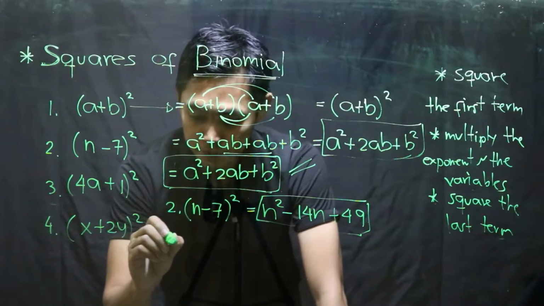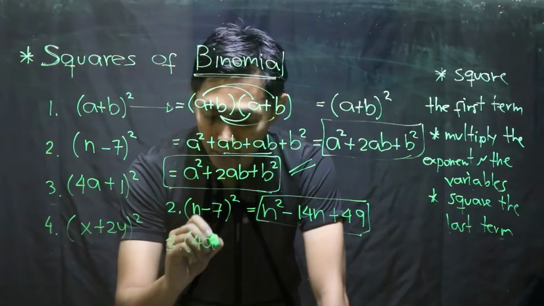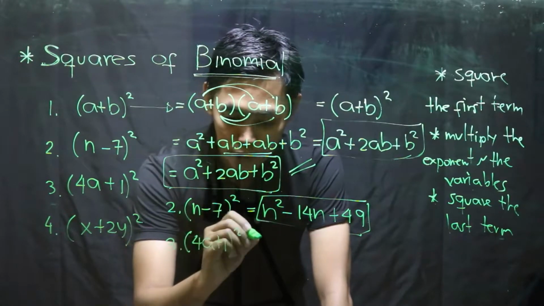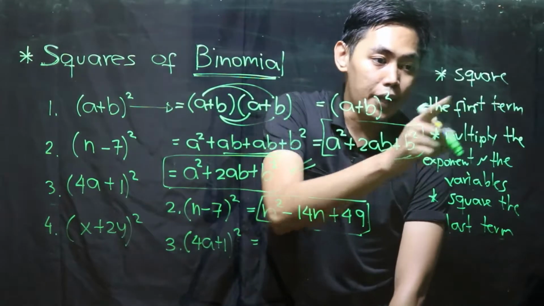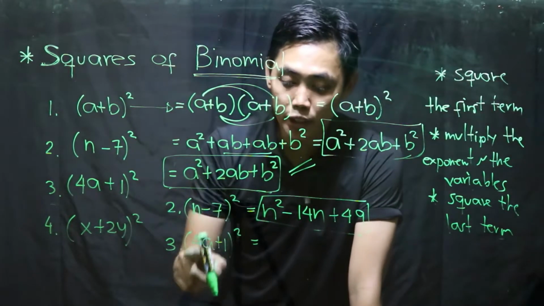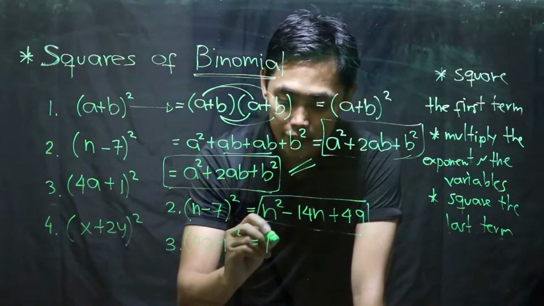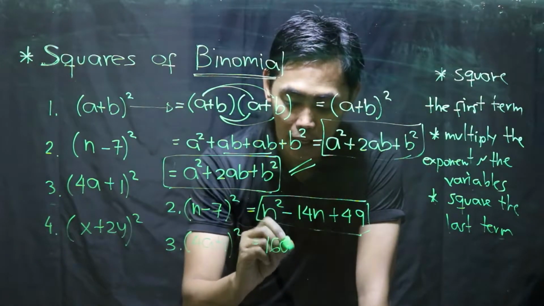Number 3. We have 4a plus 1 squared. Okay. So, again, square the first term. 4 squared, or 4 times 4, that would be 16. A times a, that would be a squared.